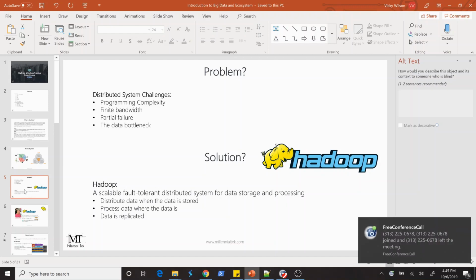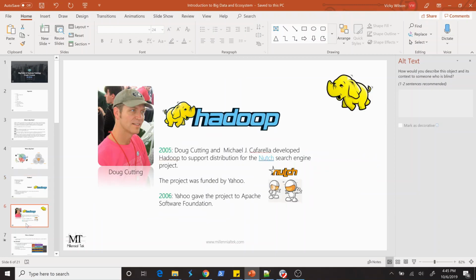A guy called Doug Cutting started working on it in 2005. The project came into the picture to address the Nutch search engine project, where Nutch is basically a web crawler, and Yahoo funded this project, and that's how Hadoop kicked off around 2005. Since then, Hadoop has grown to be a huge ecosystem of tool stacks.